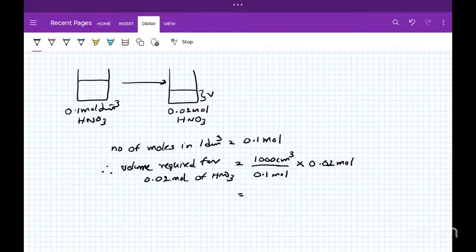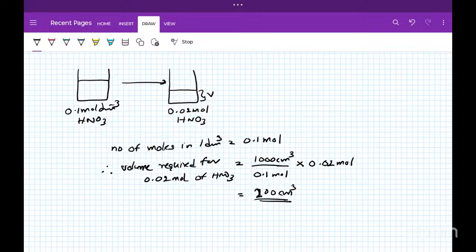So this is 200 cubic centimeters, right? Yes, 200 cubic centimeters means 200 milliliters. So if you take 200 milliliters, you have 0.02 moles. Our logic is number of moles in 1 cubic decimeter is 0.1.